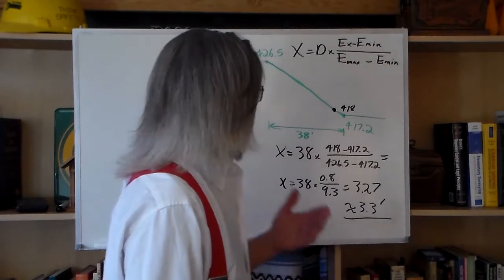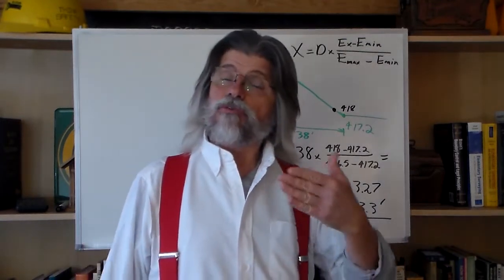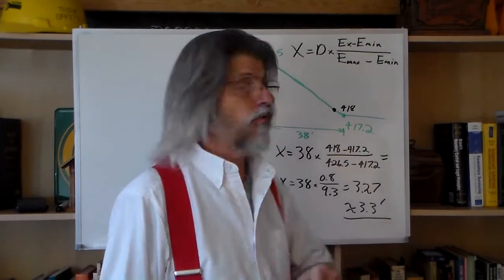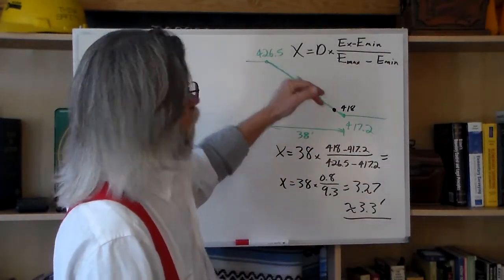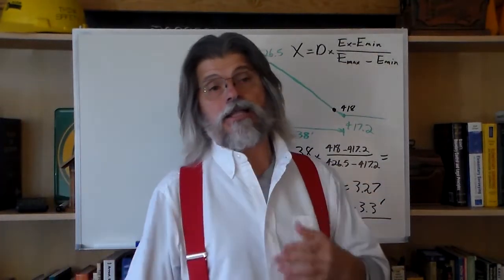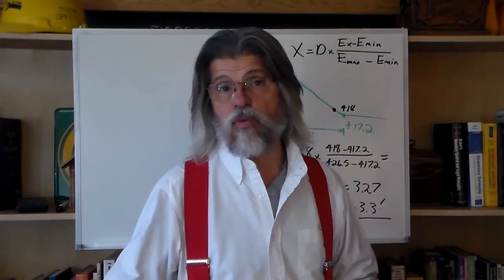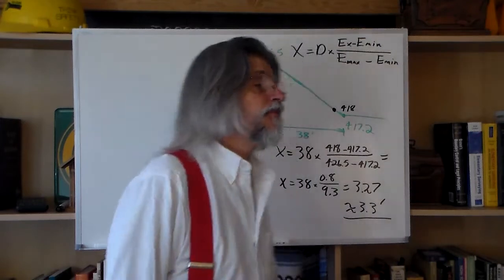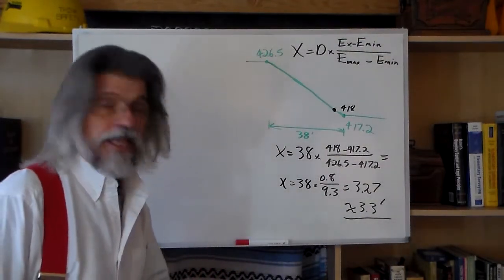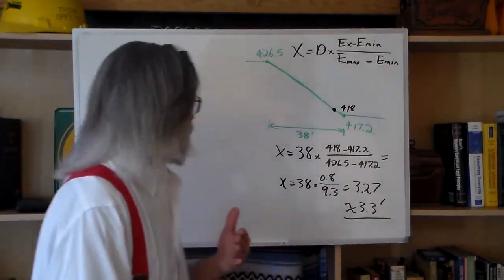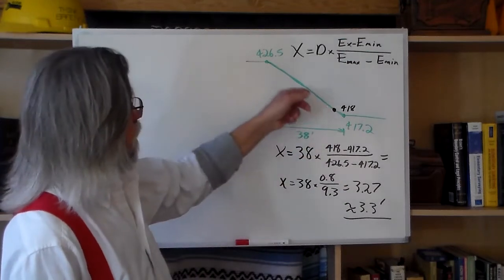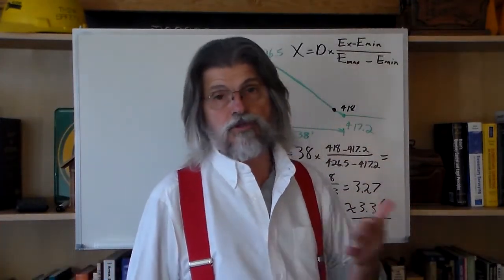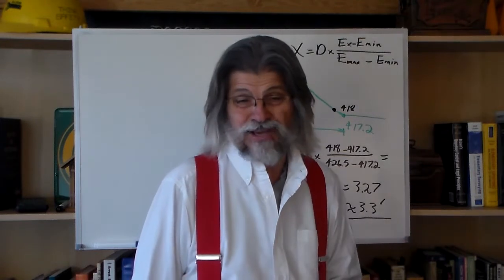Now, what you can do, if you would prefer, is repeat this process over and over again all the way to the top. And that's a very effective way of doing it. But we're going to do a bit of a shortcut method. And that shortcut method is based on the concept that if this is a straight slope, and we always assume that it is when you're interpolating between these points, because you have to.